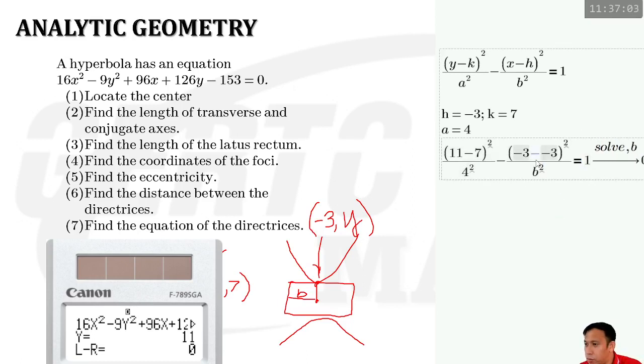B shouldn't be. Am I right? It passes through negative 3, so this should be positive 3.